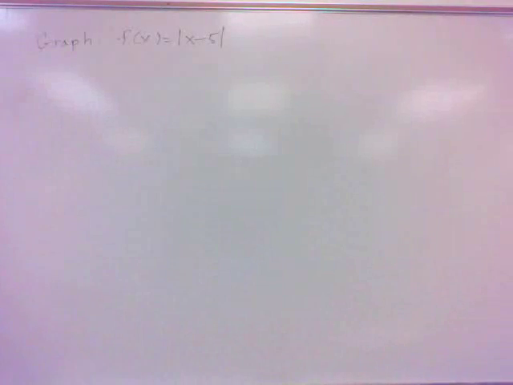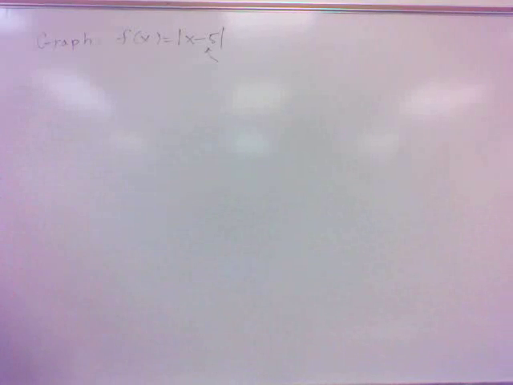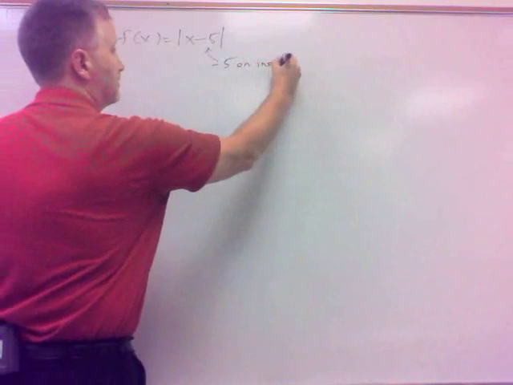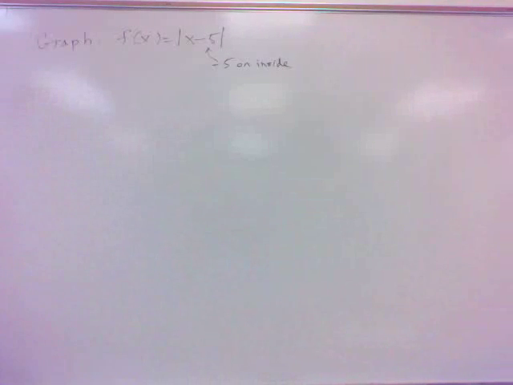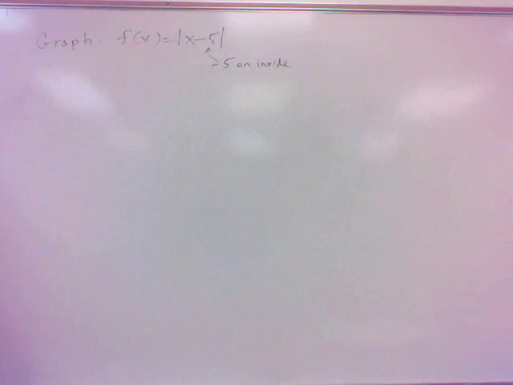All right, so yeah, here's the contrast, because this one, we've got -5 again, but it's not on the outside. Here it's on the inside, right? So I'm meaning inside the operation. Absolute value, squaring, cubing, whatever the operation is, that's what I'm talking about, inside and outside. In this case, it's the absolute value, and -5 is on the inside. Well, that's going to shift it.